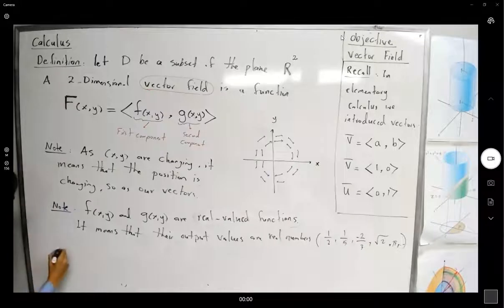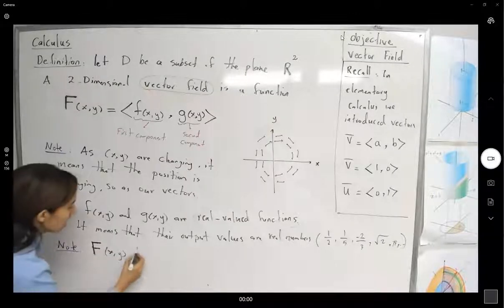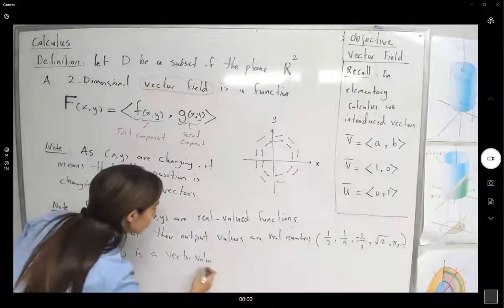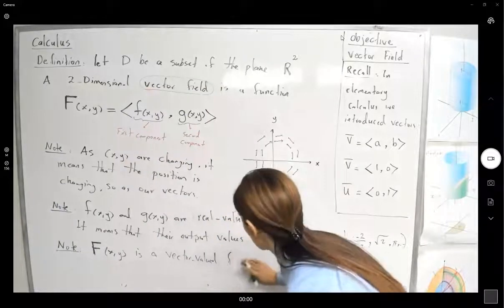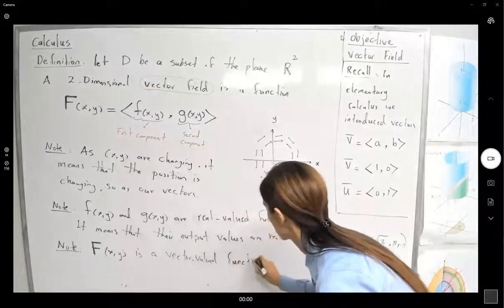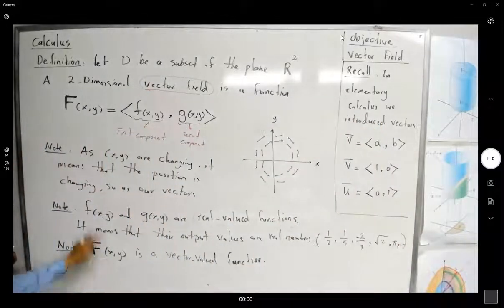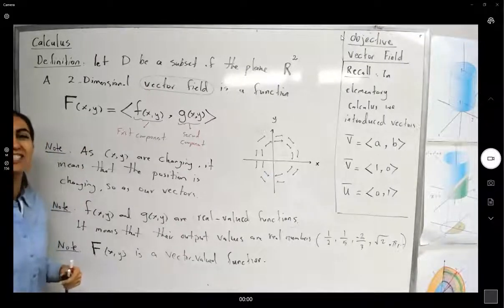So last note here. The highlighted F, capital F of x and y, is a vector valued function. What's the meaning of that? It means that the output of this function is not exactly a real number. It is a vector.